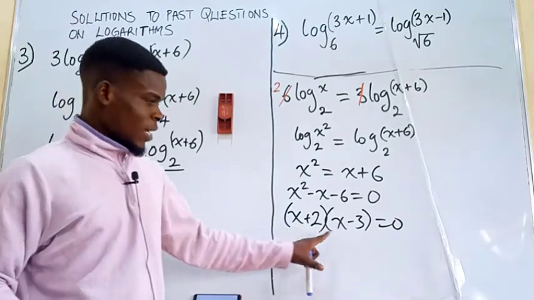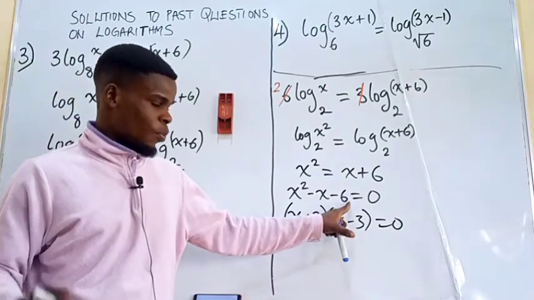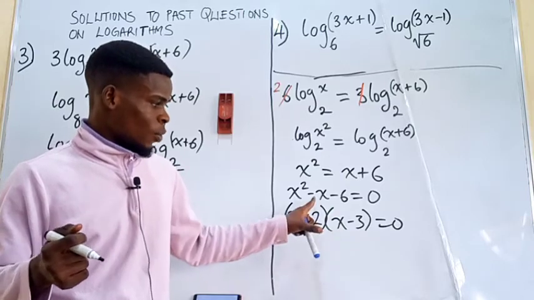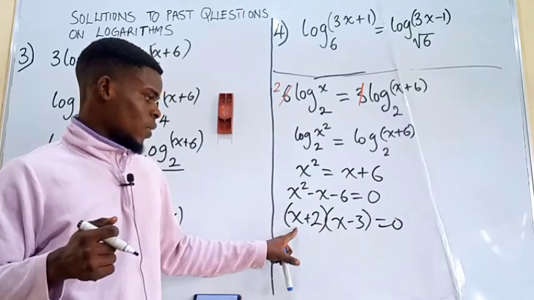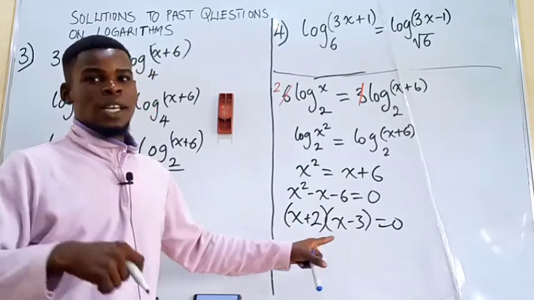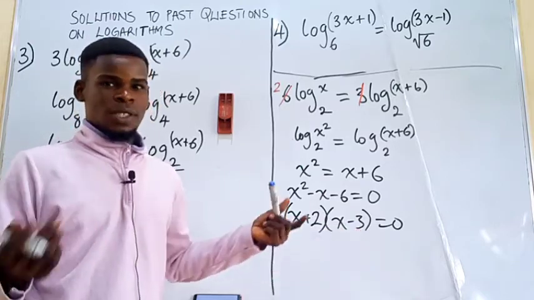So when you multiply these two numbers, you're going to have this negative 6. And when you add them, you're going to have the coefficient of x here. So that will be x plus 2 and x minus 3. So the solutions will now be negative 2 and positive 3 instead of positive 2 and 3.